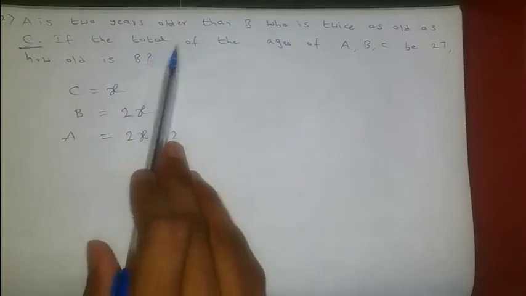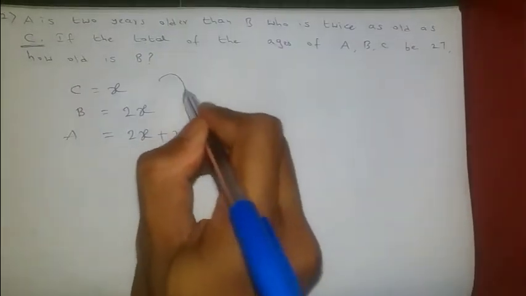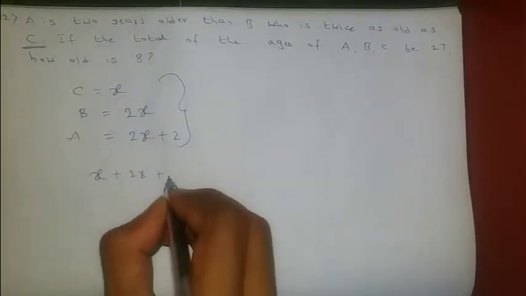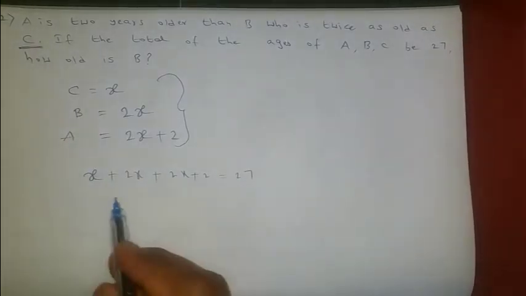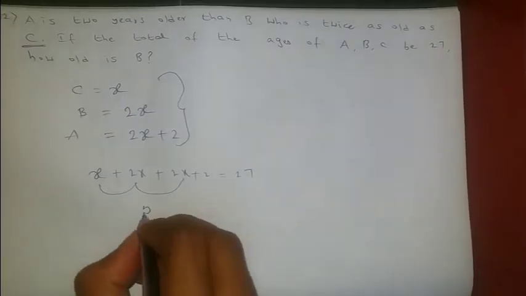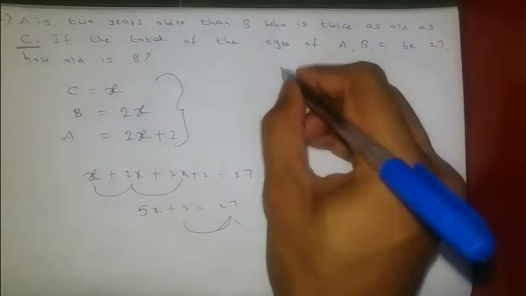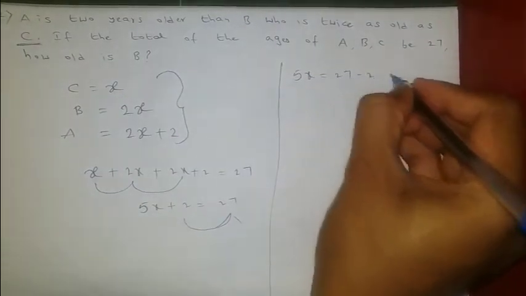If the total of their ages is 27, this total, that is x plus 2x plus 2x plus 2 is equal to 27. X plus 2x, 3x, 3x plus 2x, 5x plus 2 is equal to 27. Take plus 2, that side will become minus 2. So we will get 5x is equal to 27 minus 2.